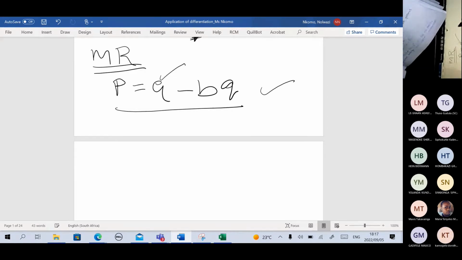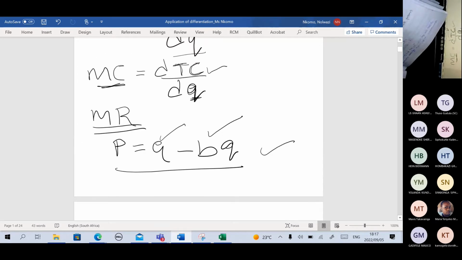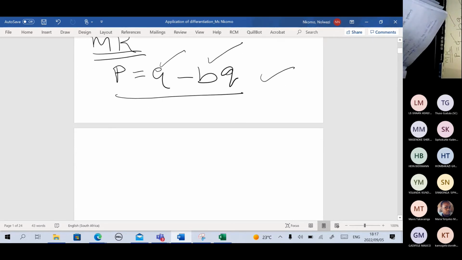Remember that A and B are constants, right? First, we are given that the demand function for a certain product is A minus BQ, right? From this we can find the total revenue function.